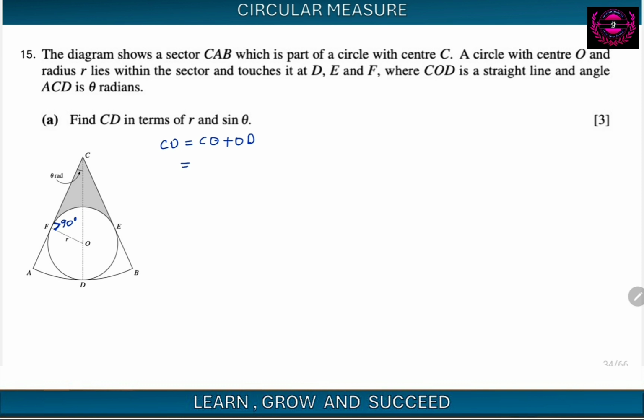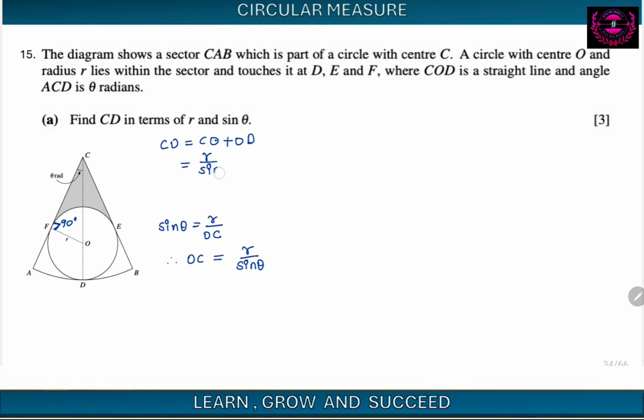Therefore, sine theta is perpendicular upon hypotenuse, so perpendicular is the radius and hypotenuse is OC or CO. Therefore OC equals r upon sine theta.